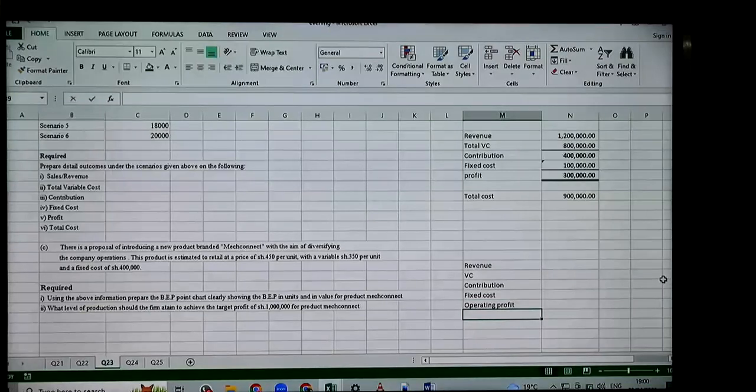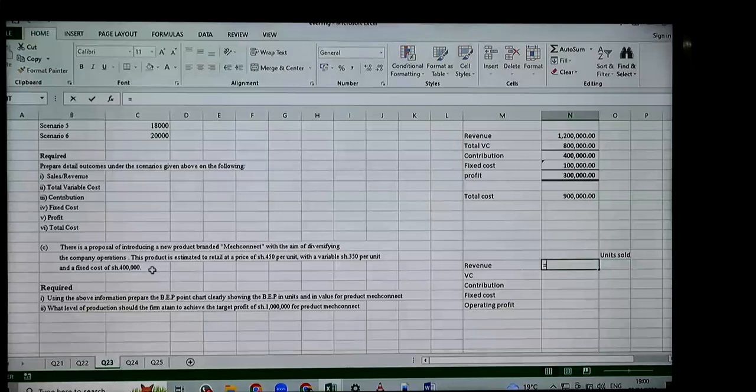So we are looking for the break-even in units. Here we shall create a small table, units sold, and we assume that the units are down here. Our revenue will be equals 450 times our units sold. I told you, assume our units are here.